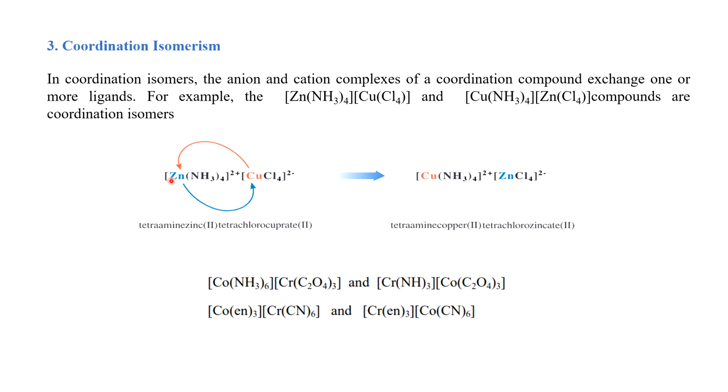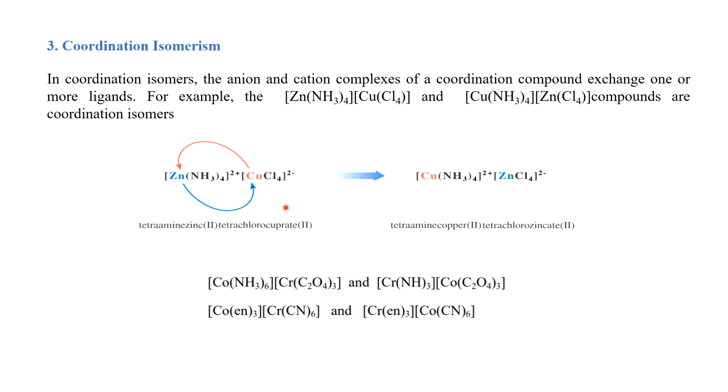You see, copper goes here, zinc comes here. The ligand with the associated metal changed. Here zinc was associated with the amine, but here zinc is associated with chloride. So the metals changed position, or the other way we can say the ligands changed position.